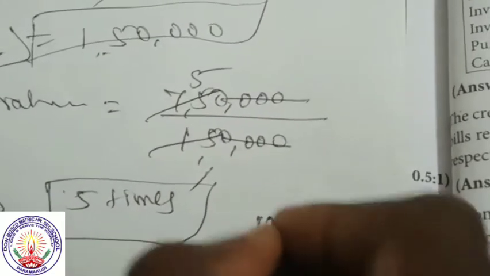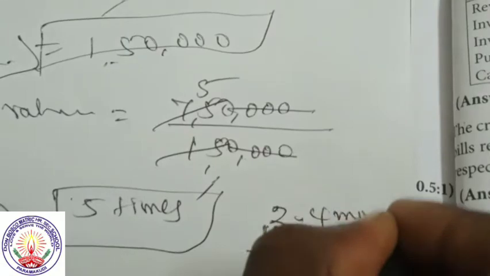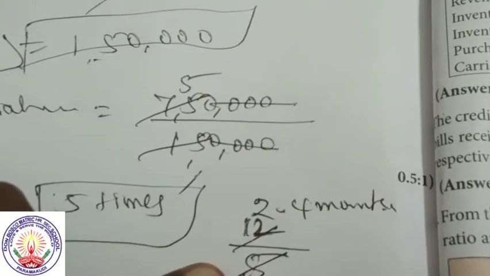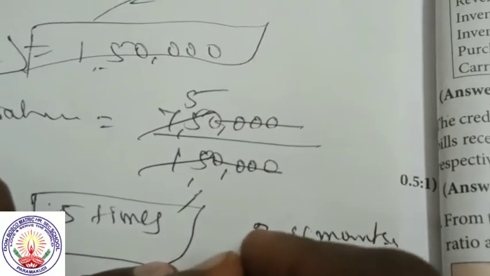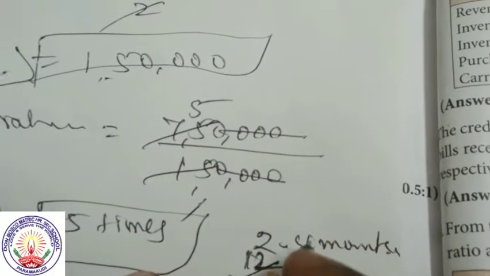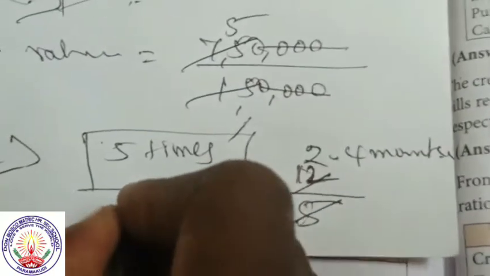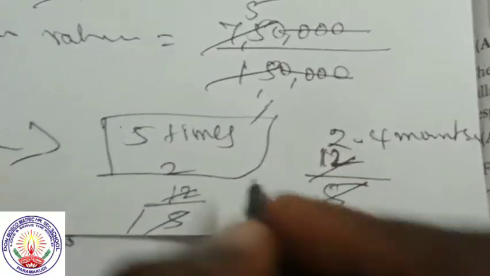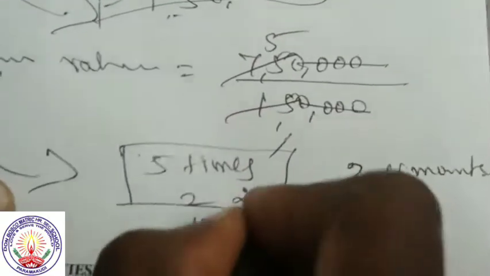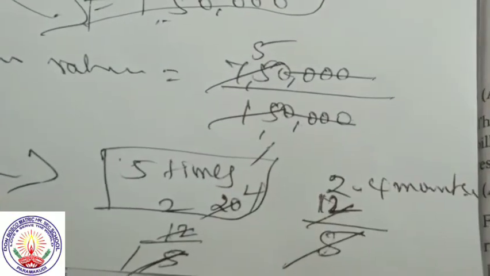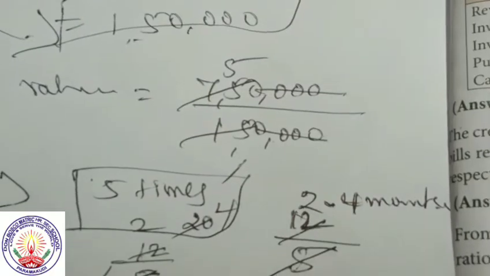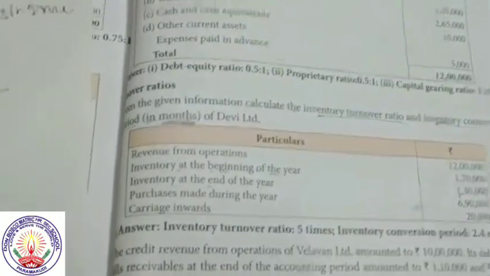Now divided, 2.4 months. Dividing 12 by 5 gives 2 remaining 2, then 20 divided by 5 is 4, so 2.4 months. This is called the conversion period in month. You simply say this concept.